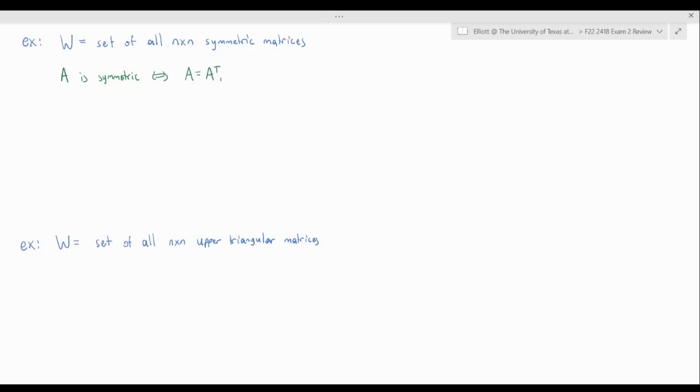So you can use that property to check if it's going to be closed under addition and scalar multiplication. So I'll quickly work through those, okay?